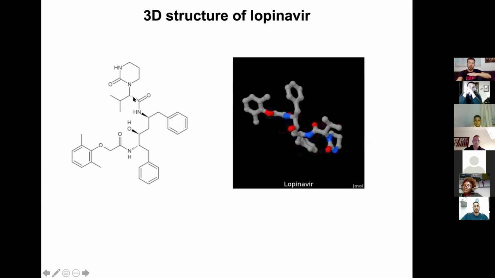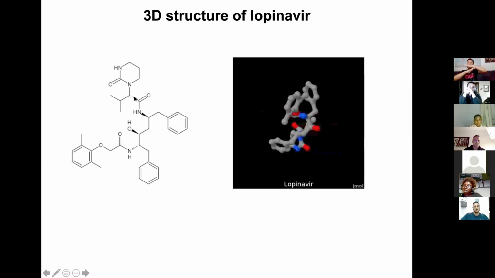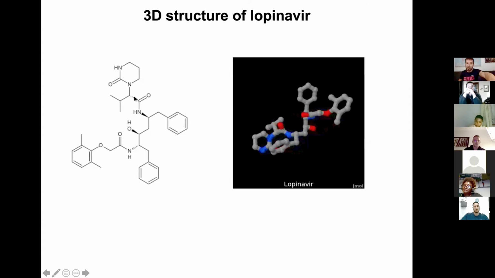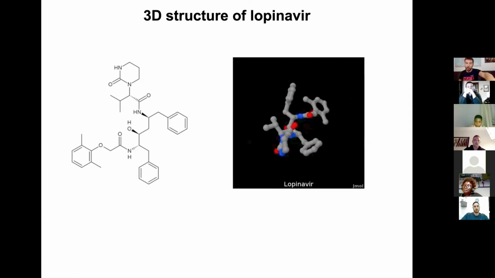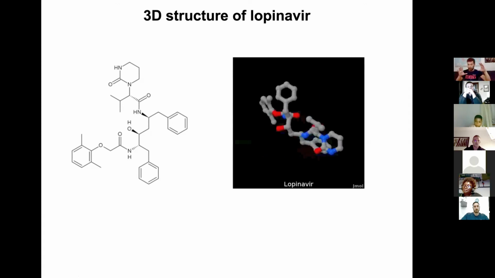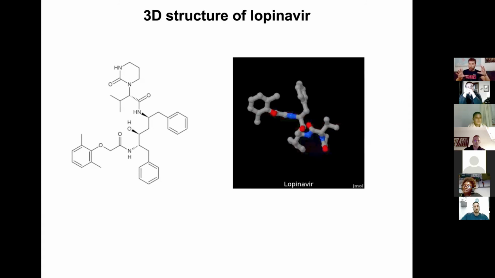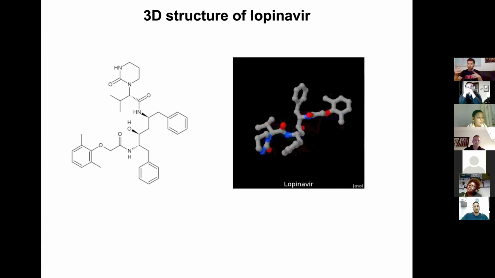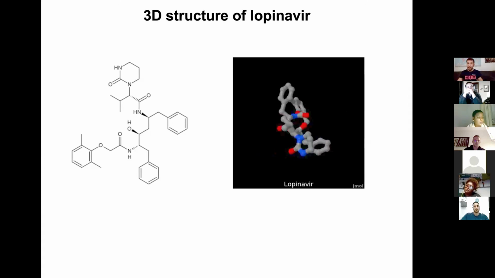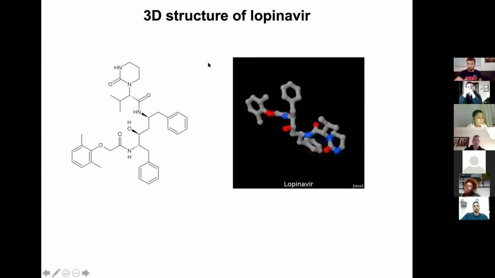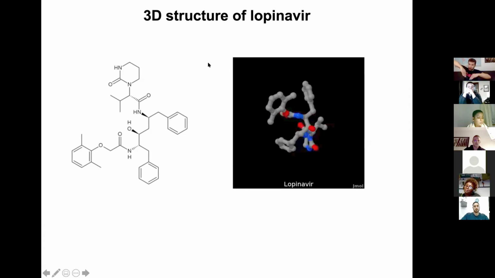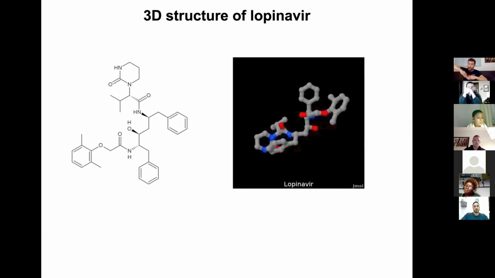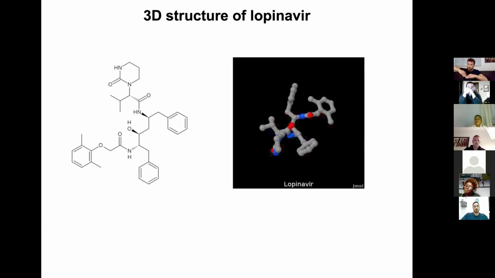And if you have a dashed bond, it means it goes down. So we try to put on a two-dimensional picture what it looks like in 3D. It means that lopinavir looks exactly like this one, so it has exactly this fixed angle, and it is important to have this fixed angle.